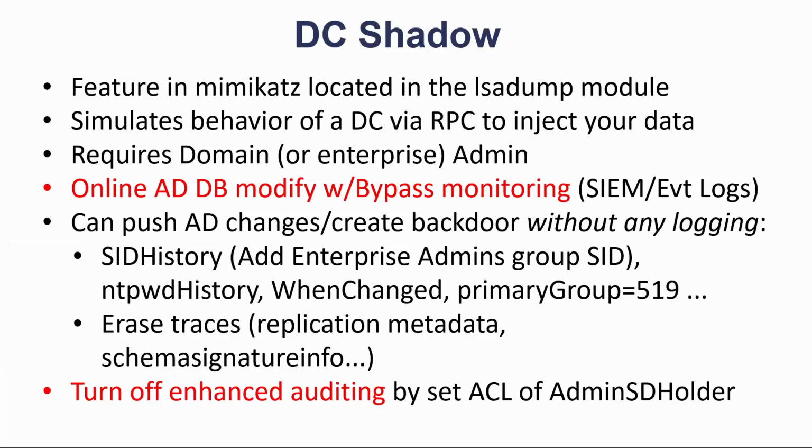But this attack, DCShadow, allows you to do an online database modification of Active Directory while bypassing monitoring. Because this allows you to push changes to Active Directory, actually create backdoors with permissions, SIDs, etc., without any logging, because we're writing directly with RPC calls that are intended only for domain controllers. So on the network level.